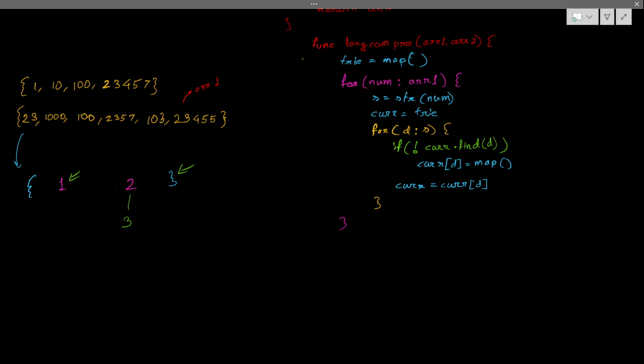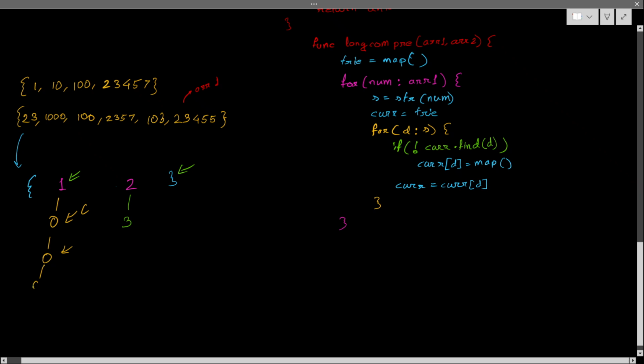Then it will take 0. Is 0 present? No, 0 is not present, so it will add 0, and this becomes my current. Then again it will add 0 because 0 is not present, and it becomes my current. So this is how 1000 will be done. Now let's see how 100 will be done.